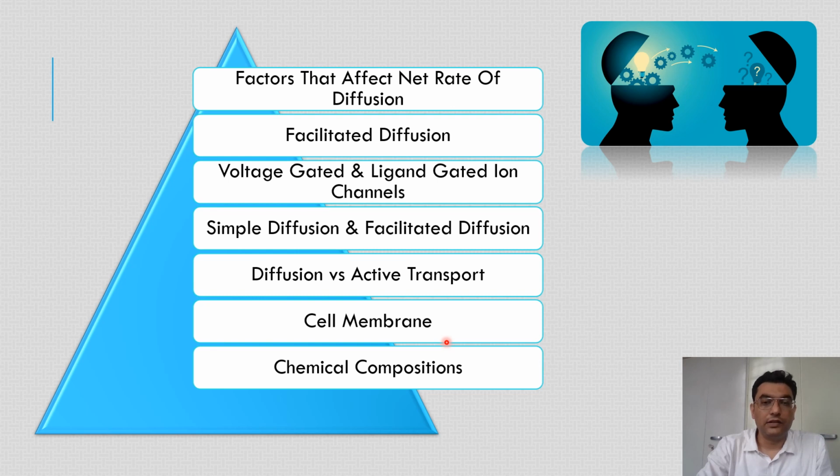And then we will understand the difference between diffusion and active transport, and then we will see simple diffusion and facilitated diffusion, what these are, and some important examples of channel proteins, voltage gated and ligand gated ion channels. Then we will understand in detail the facilitated diffusion, and we will end with understanding the various factors that affect the net rate of diffusion.